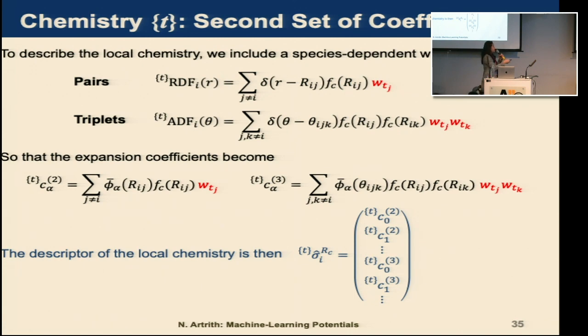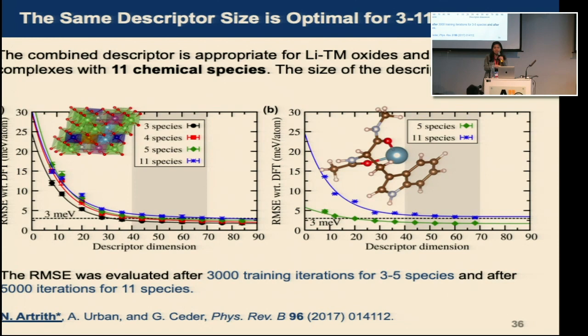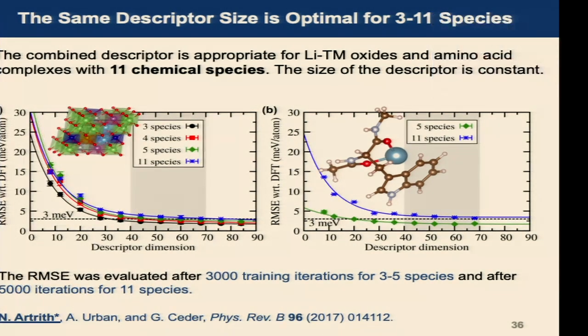Yeah. And then after we use this, we make some tests including many different chemical species on the structures. On the left-hand side that I show here, this is again to describe the rock salt structures, which contain lithium and tungsten metals, and also oxygen, like O2, for example.